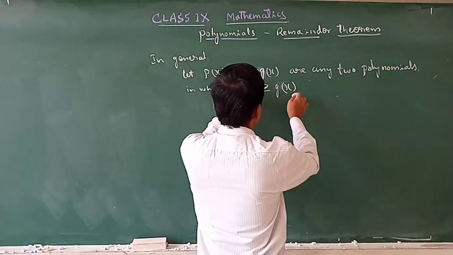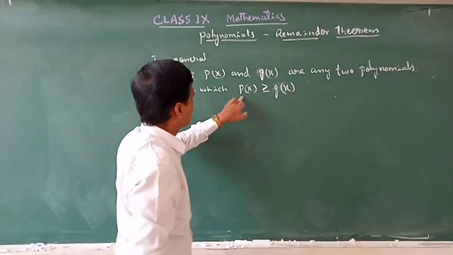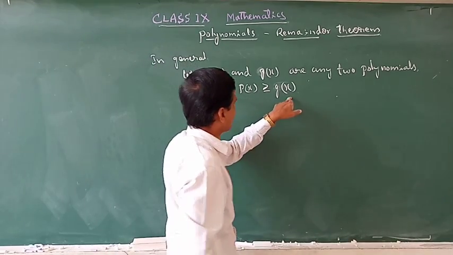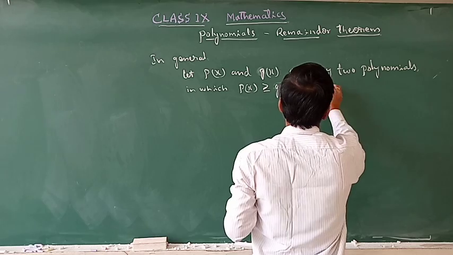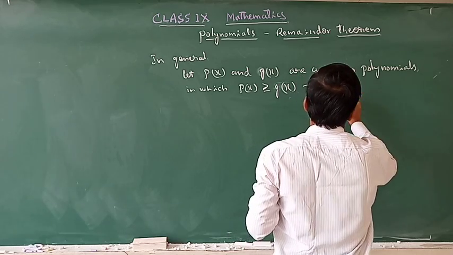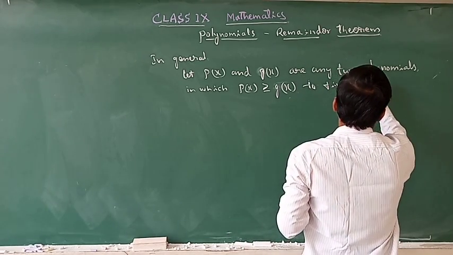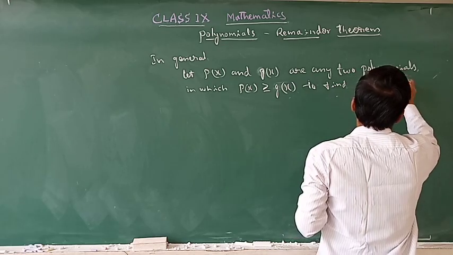Here p of x is greater than g of x, and we want to find q of x and r of x.